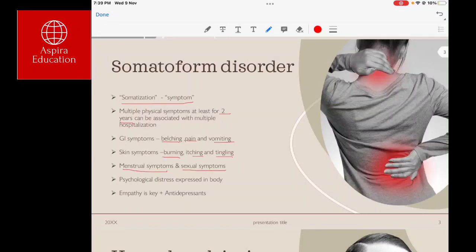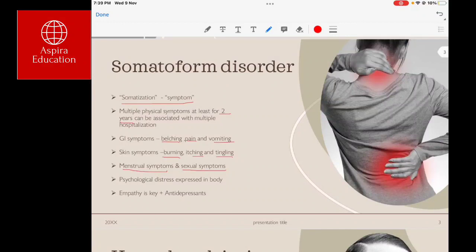Sometimes they can have sexual dysfunction. These are all very vague symptoms which, when evaluated, will not have any identifiable cause. For example, the patient will be having severe belching or retching, and they do an endoscopy and find it all to be normal.